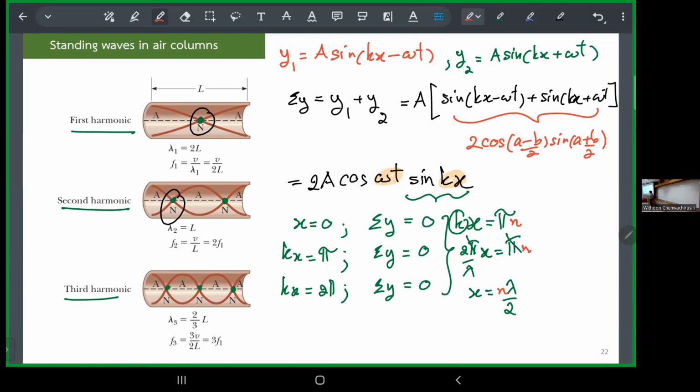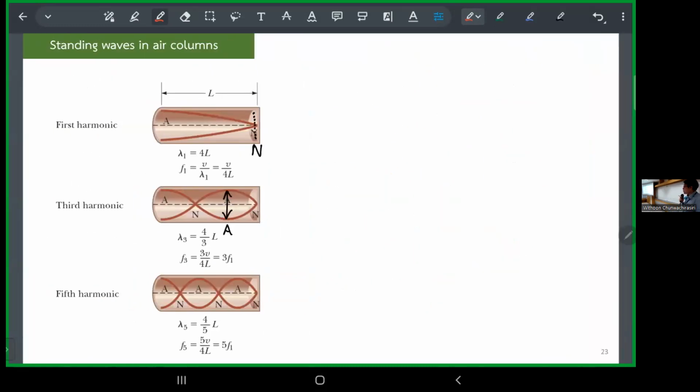The easiest way is you just look at the position where you have no oscillation. That is the easiest place that you can place all the nodes in your system. And once you have that, you don't have to go back to this crazy addition of sine and cosine and all that stuff anymore. All you need to do is just rely on the diagram and try to meet the condition of the node and the antinode.